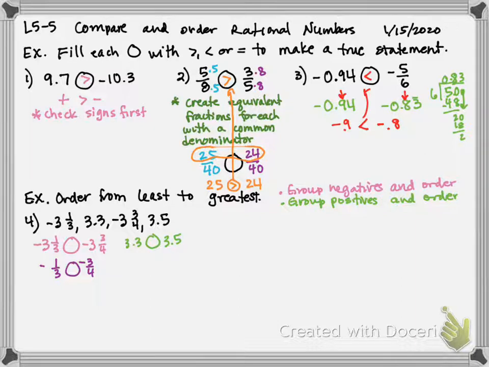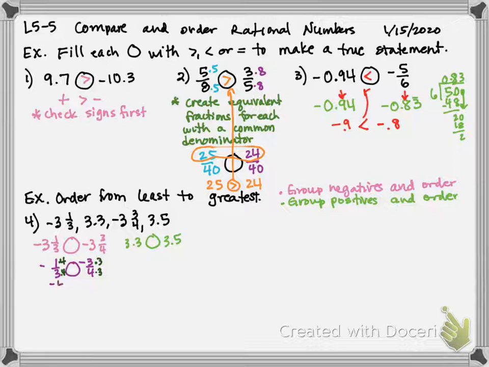I can turn them into fractions that have the same denominator, or I can go ahead and do decimals. But I don't want to do that. So I'm going to multiply the first fraction top and bottom by the denominator of the second fraction, and the second fraction, I'm going to multiply top and bottom by 3, which is the denominator of the other one. So let's see what we end up with.